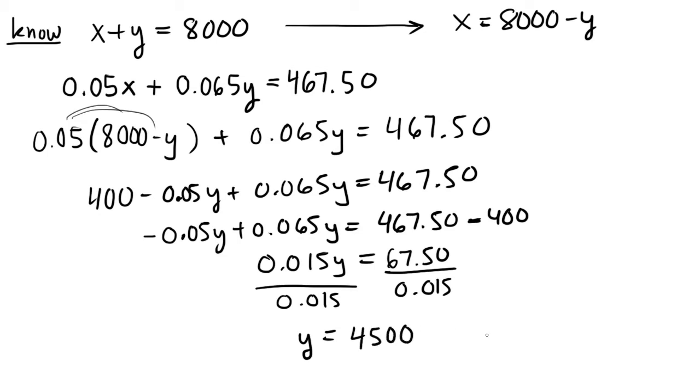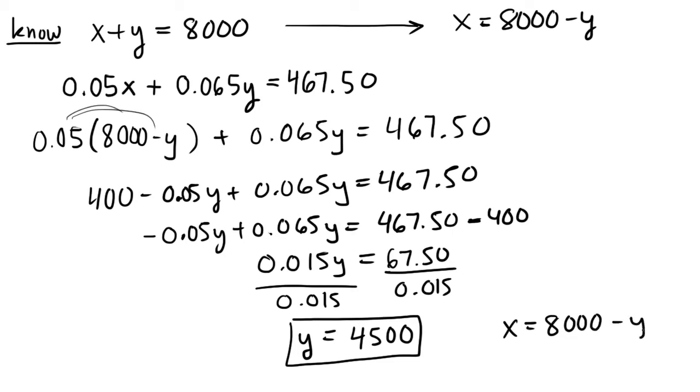Makes us confident that we have the right answer. And let's look up here. x is 8,000 minus y. So we can just find x very quickly now. It's going to be 8,000 minus the value of y we just found, which is 4,500. What do we get? 8,000 minus 4,500 is 3,500.